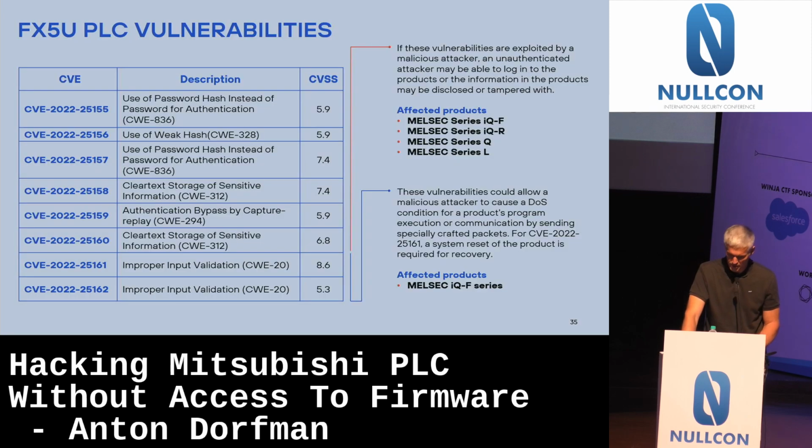Let's look at the first bunch, the PLC bugs. They affect not only the FX5U, but the whole series of Mitsubishi PLC products. The two at the bottom are denial of service bugs.